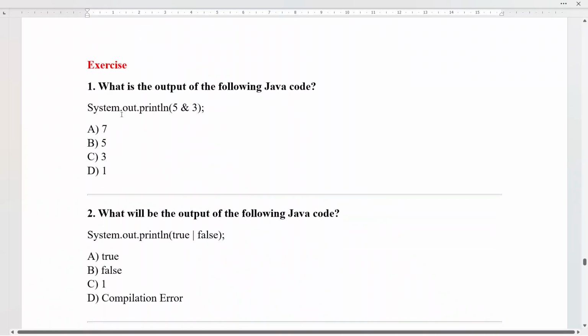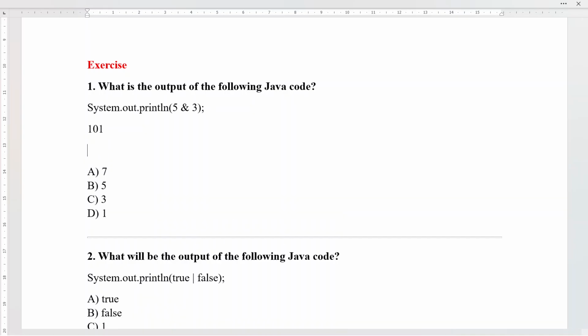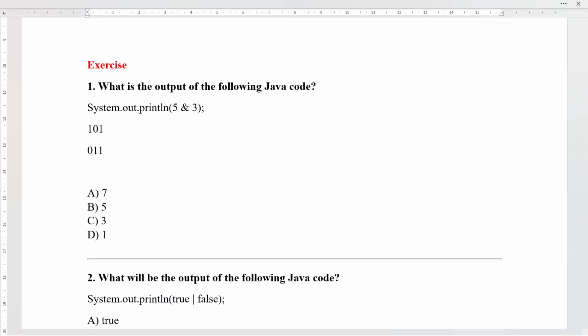First question. What is the output of the following Java code? 5 and 3. The binary representation of 5 is 101 and the binary representation of 3 is 011. To find the AND operation between these, we have to find the AND operation for individual bits.